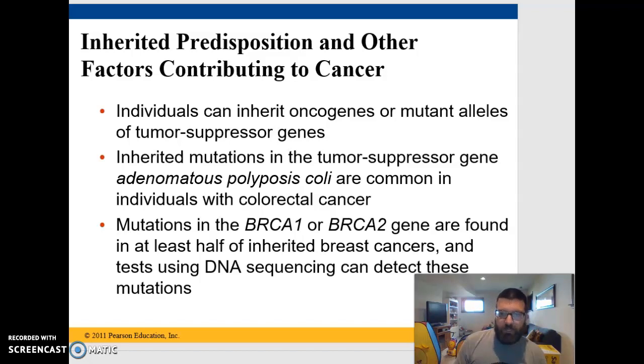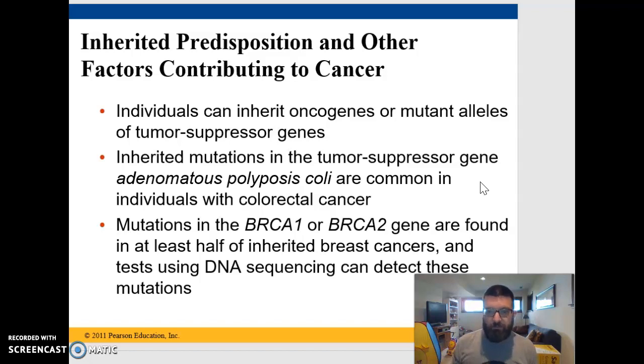Some people already have oncogenes. So these are genes that tend to make it more likely for them to get cancer. And again, you generally need multiple things to go wrong to get cancer, but if you start off with a couple things that are already wrong, you are far more likely to end up with cancer in the end. And BRCA1 and BRCA2 were kind of the first genes discovered like this, and they have to do with breast cancer.